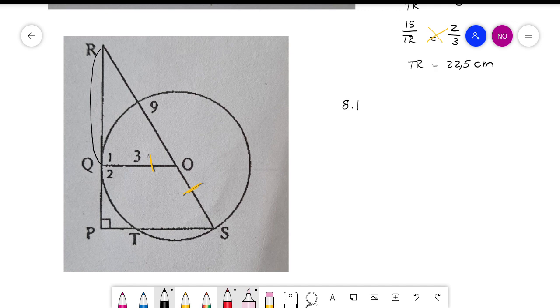It doesn't always have to be complicated. And calculate with reasons means that if you did not write Pythagoras there, you would have lost a mark. And they asked you specifically to give it in its simplest surd form.